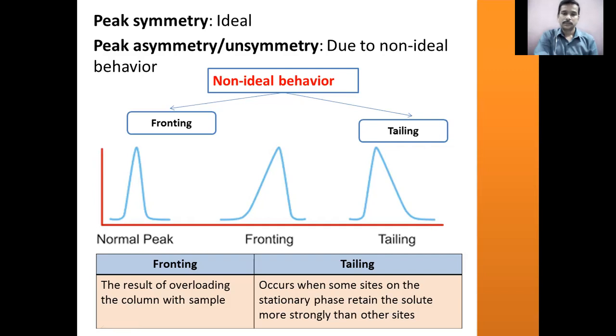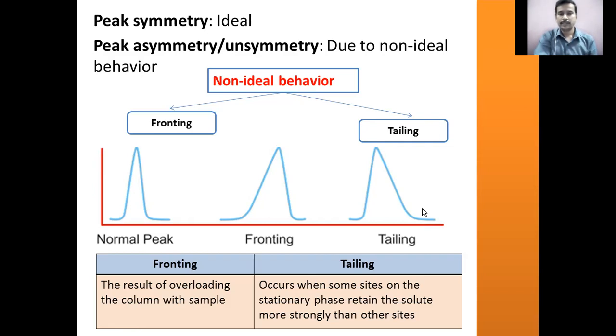there being the possibility of certain sites of the stationary phase retaining the solute more strongly than the rest of the sites. Throughout the column, there are n number of sites present in the stationary phase, and all those sites are responsible for interaction with the solute. Out of all those sites, certain sites of the stationary phase interact strongly with the solute.